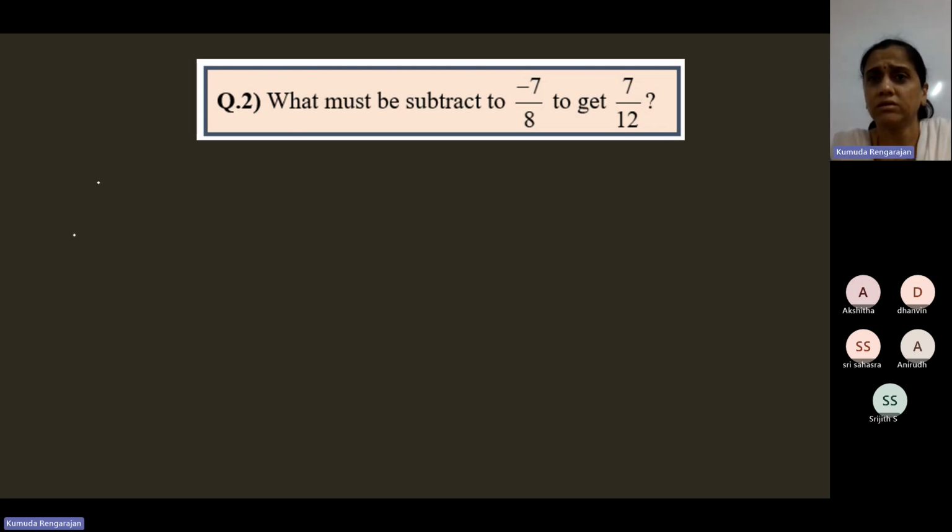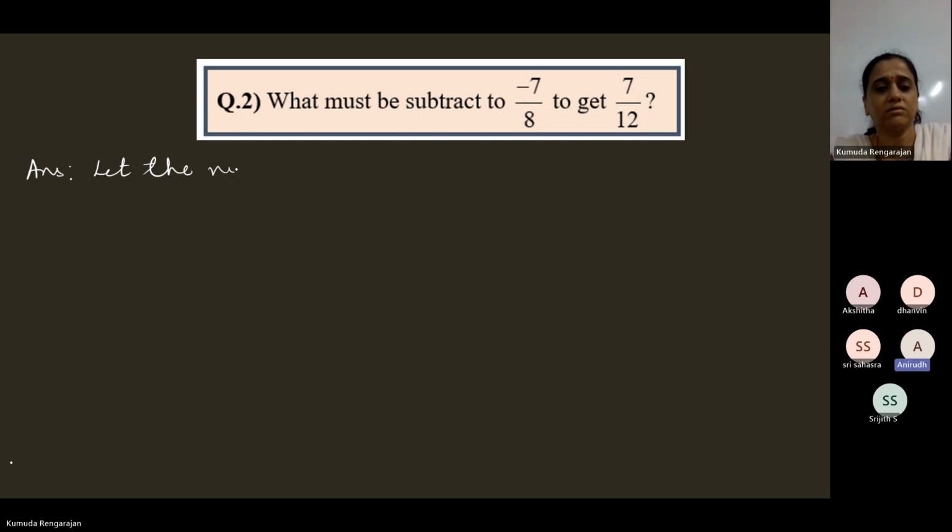Minus 25 by 24. What must be subtracted from minus 7 by 8 to get 7 by 12? Ma'am, I got 7 by 24. Okay, so let the number be x.